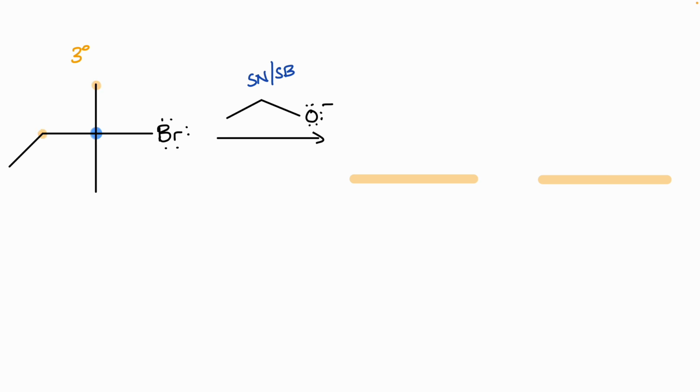To be clear, if I picked either one of these two, I would get the same molecule. So here's one possible elimination product, if the double bond forms between one of those orange carbons. Or it can form in the other direction.